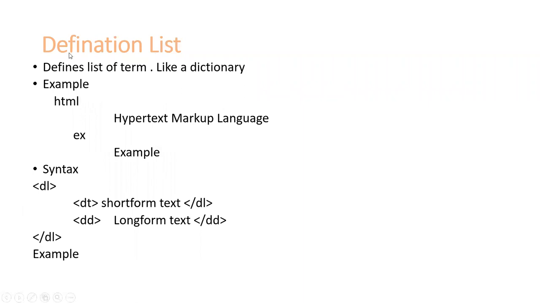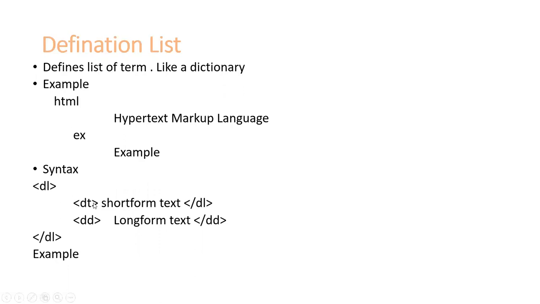Next one is the definition list. It's like a dictionary where we specify the meaning of a word. Here is an example of a definition list: HTML, hypertext markup language, for example. To create a definition list, we use the DL tag.